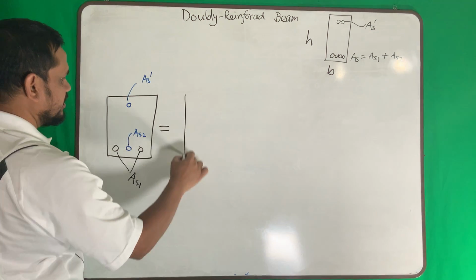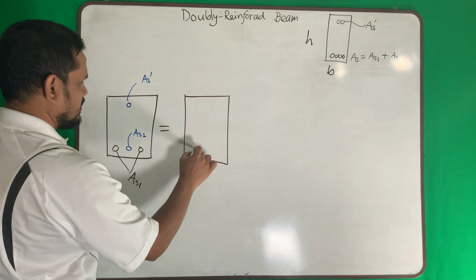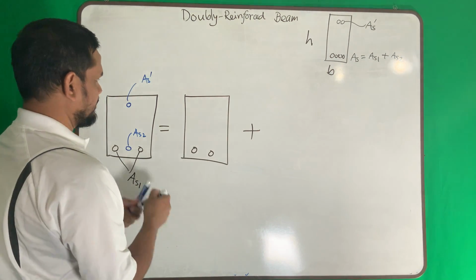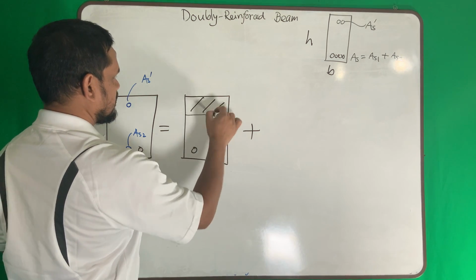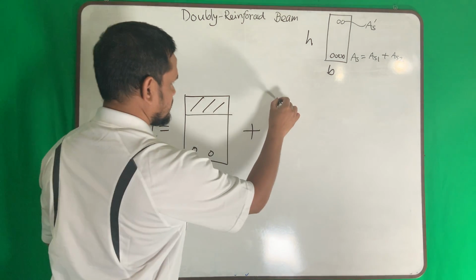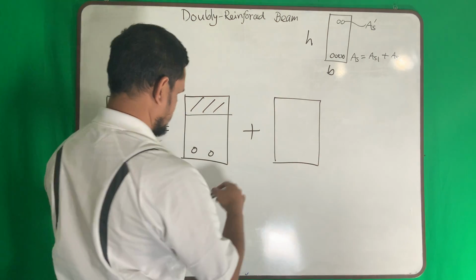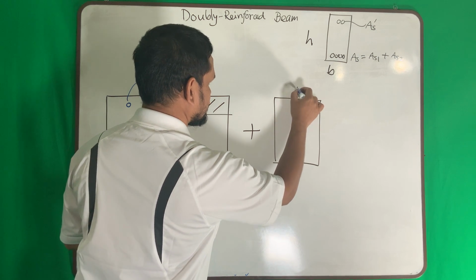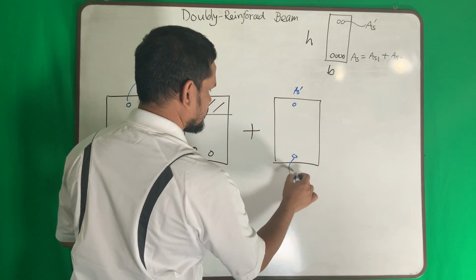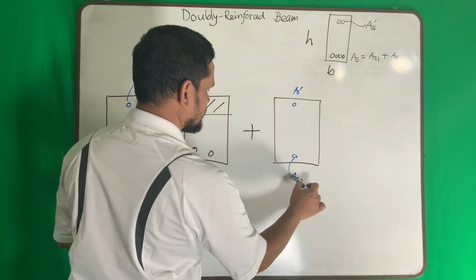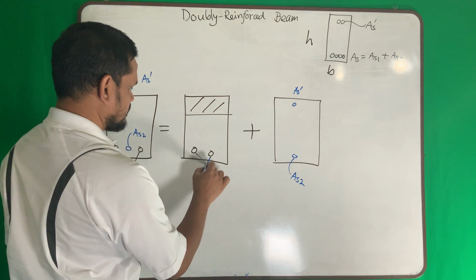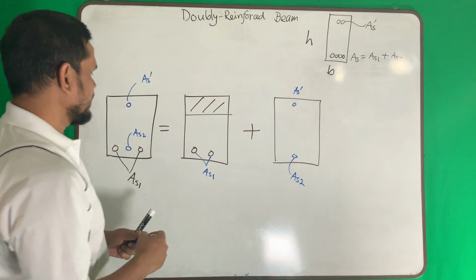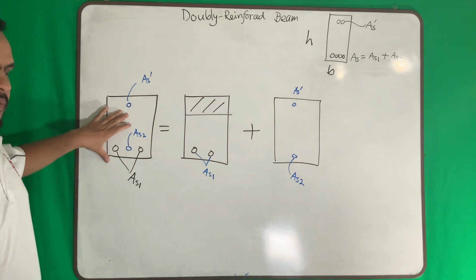So this is my doubly reinforced beam. What can I do?